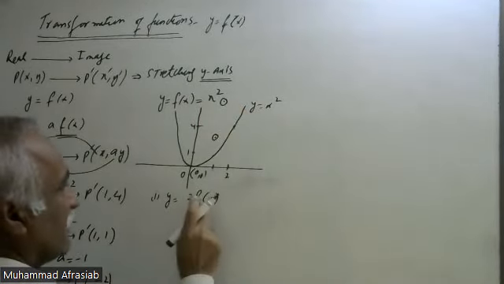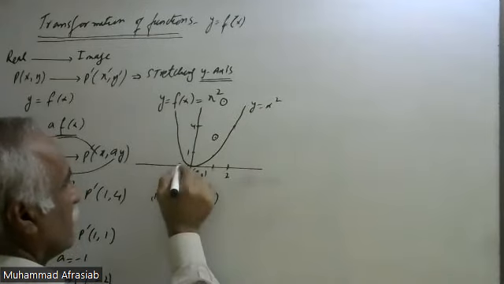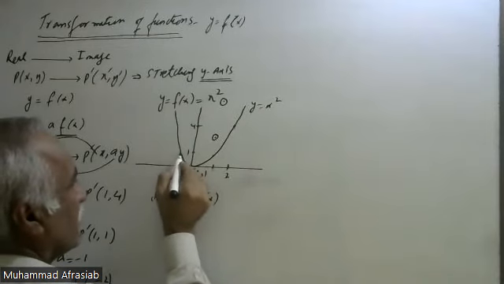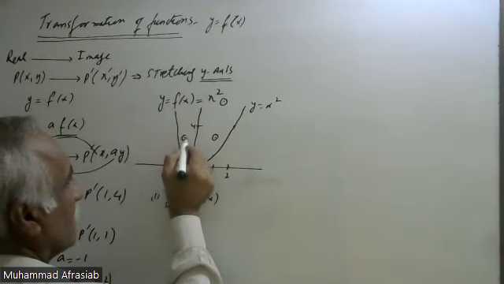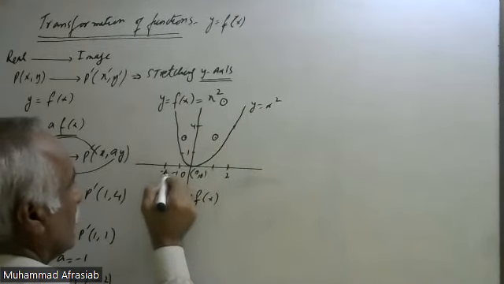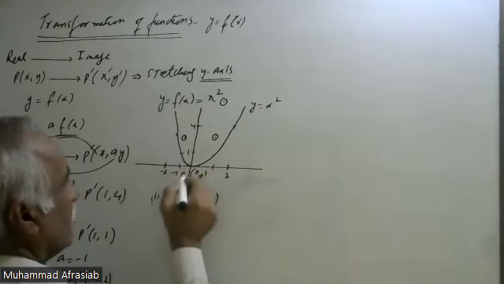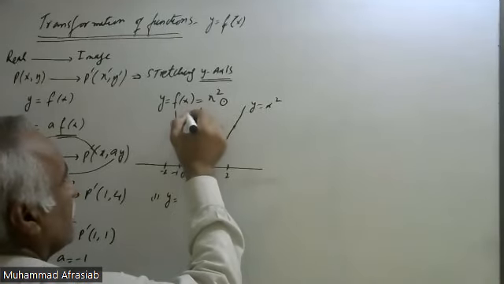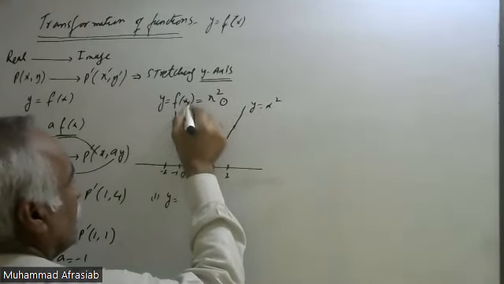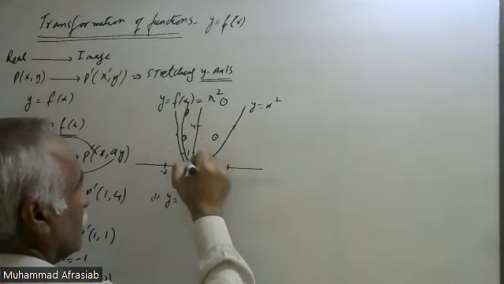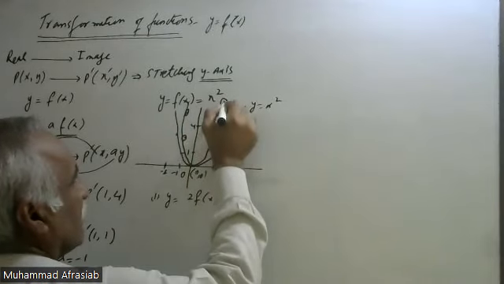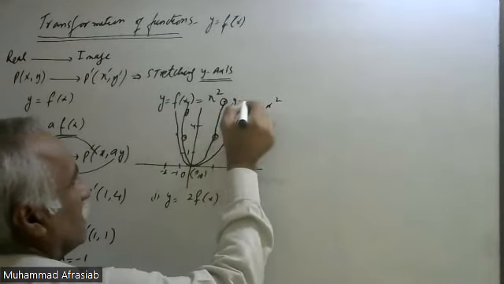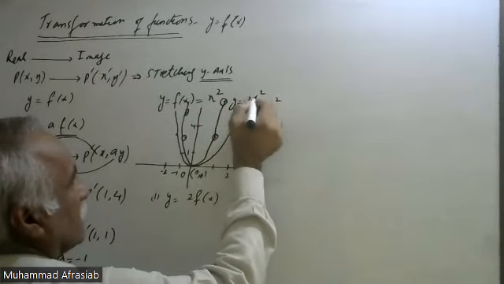The same is with minus 1: the value 1 will now be equal to 2. And for minus 2, it is 4, which will become 8. If we draw the graph between these values, this is the graph of y equal to 2x squared.